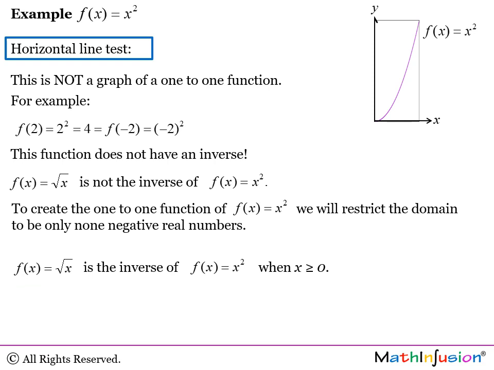Now, this is a one-to-one function, and the function square root of x is the inverse of the one-to-one function f(x) equals x to the power of 2, only when x is greater or equal to 0. It is true that the square root of x to the power of 2 equals x only when x is greater or equal to 0.